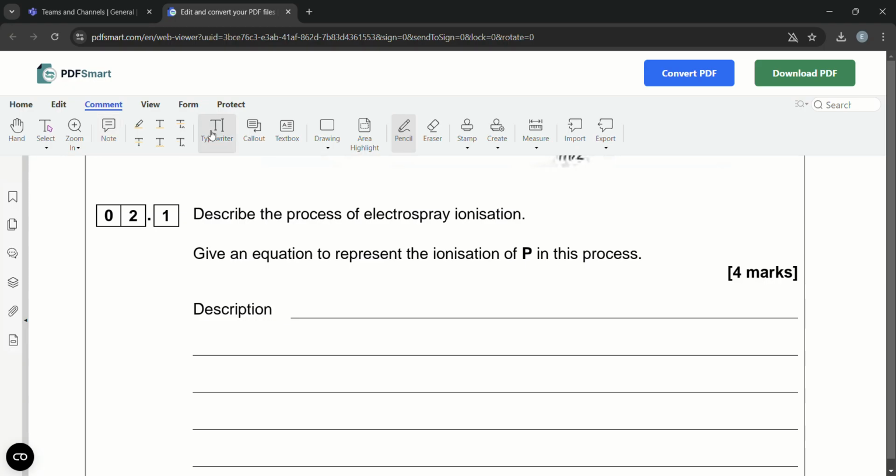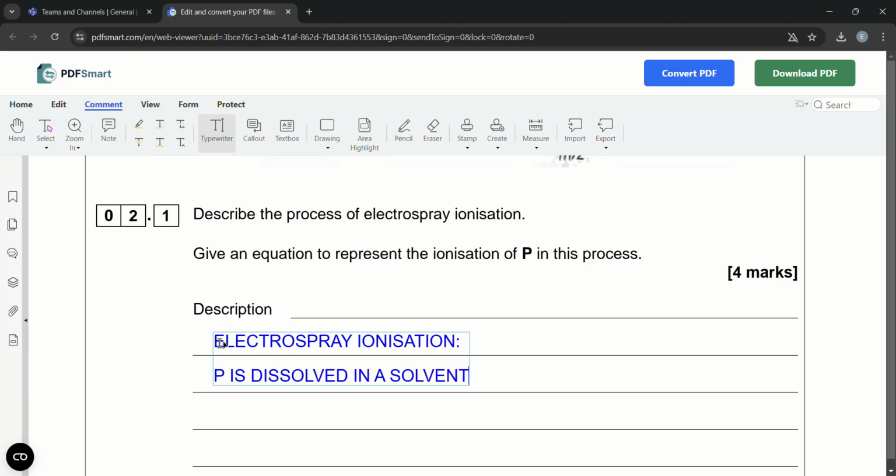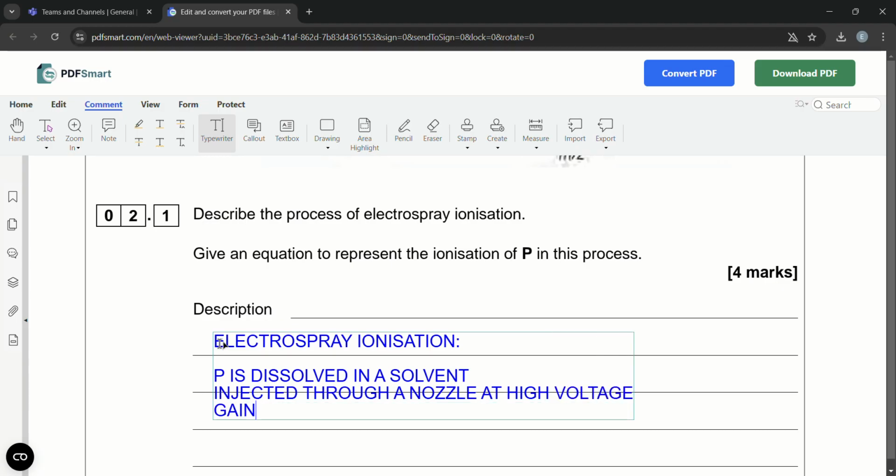Okay, so electrospray ionization. Well, we know P is dissolved in a solvent, injected through a nozzle at high voltage, and gains a proton.